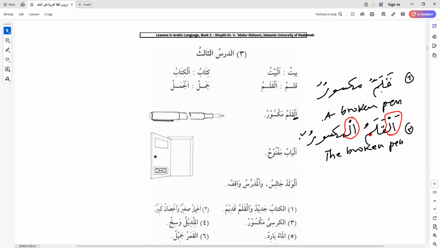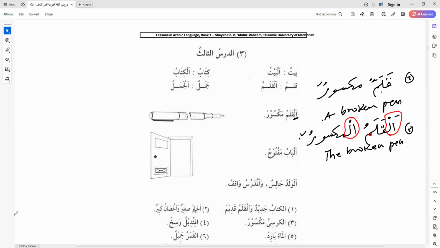But in Arabic, you have to write the pen, the broken. That's how it is literally in Arabic. But it is understood that you are using maksur, which is broken, to describe the pen. Now, compare these two sentences to this one.